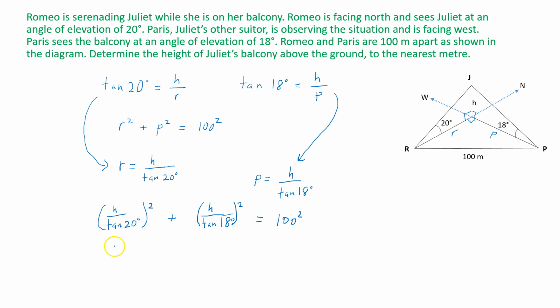So simplifying that further, we're going to get h squared over tan squared 20 plus h squared over tan squared 18 is equal to 100 squared.